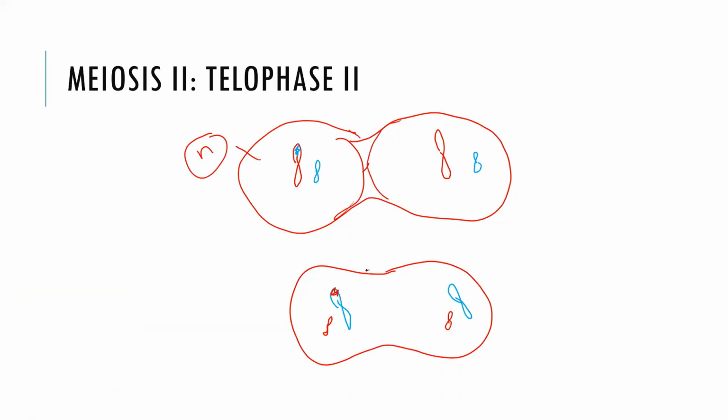So cytokinesis occurs and these separate. You can see all the four cells are different. None of the two are similar.